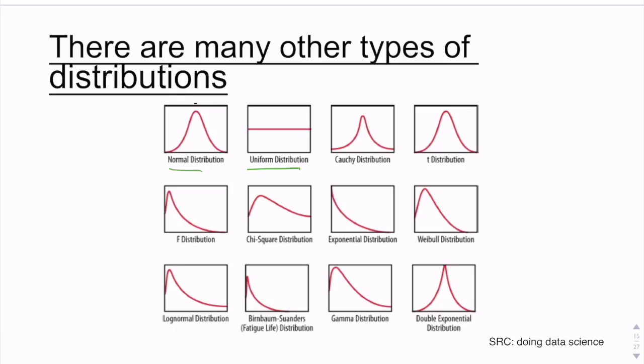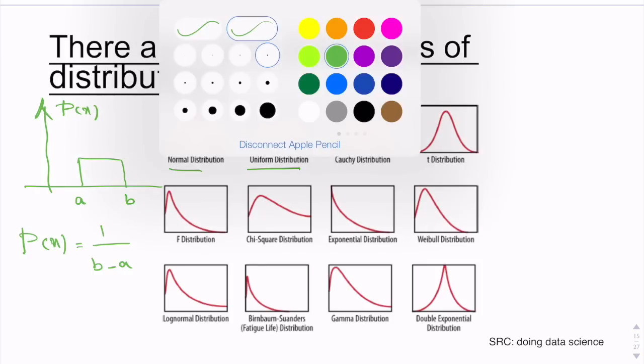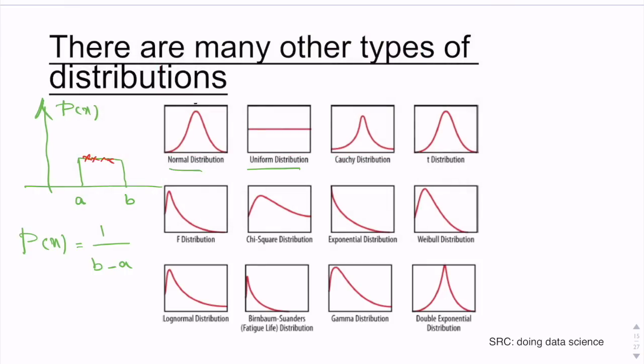Basically, if you have a uniform probability distribution from random variable A to B, so if this is P of X, this probability distribution is completely identified by 1 over B minus A. So the probability of each of the samples drawn from this distribution is 1 over B minus A. And if you compute the area under this probability distribution, it is equal to 1.